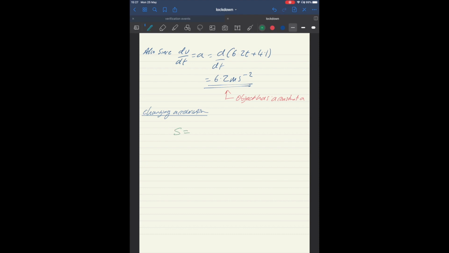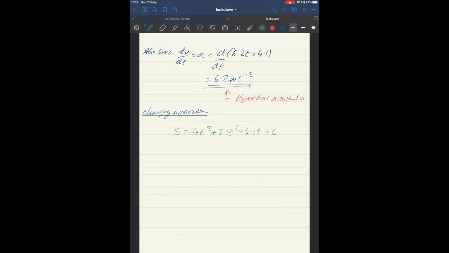So S equals, of course, you're right, it's got a cube power in it. So it's 4t cubed plus 3.1t squared plus 6. This is just an example of something that's got a varying acceleration.